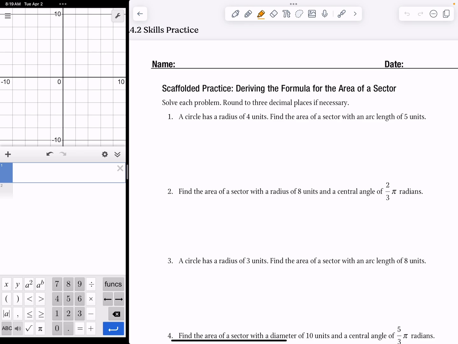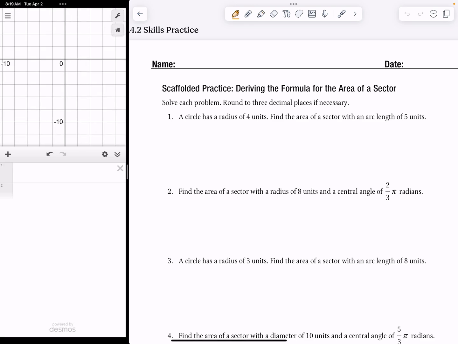This is one we have to do twice. We have to do arc length, and then we have to do area. Arc length means circumference, so 2 pi, radius is 4, arc length of 5. Again, let's always use radians because that's easier.